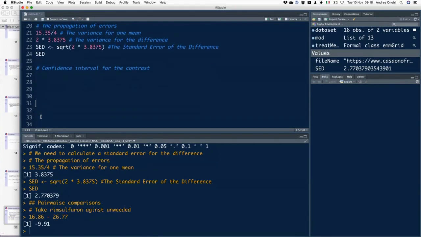And the confidence interval, we might take a naive confidence interval, for example, by writing twice the standard error.